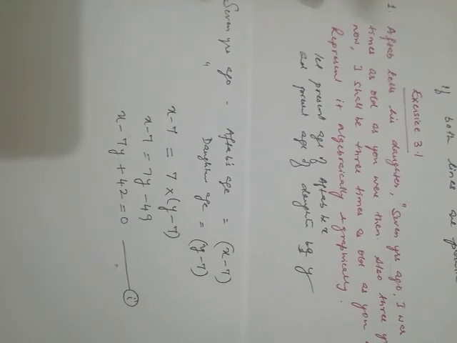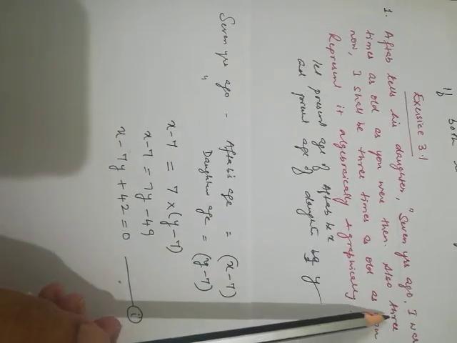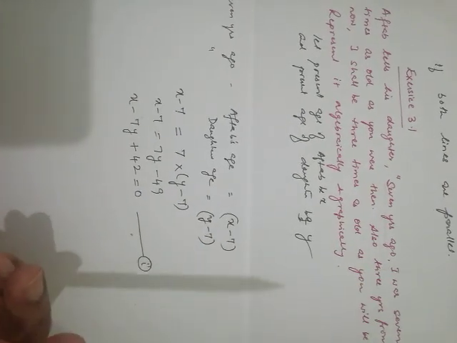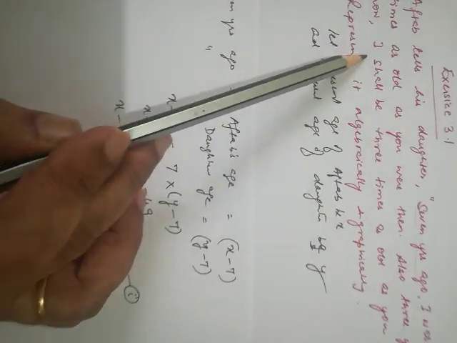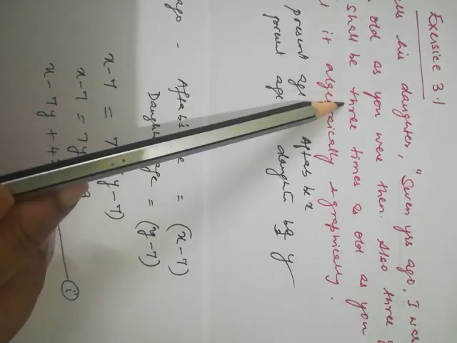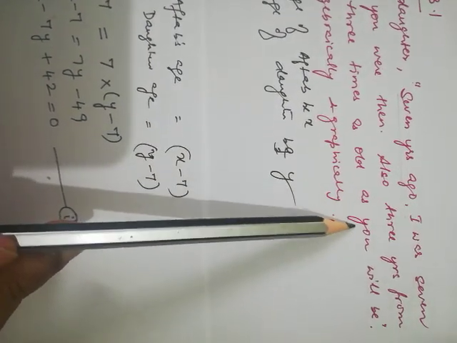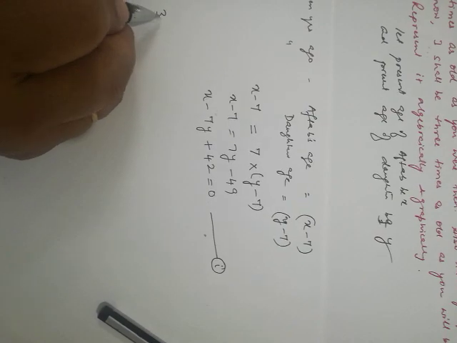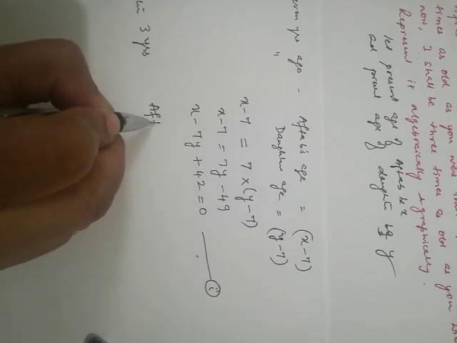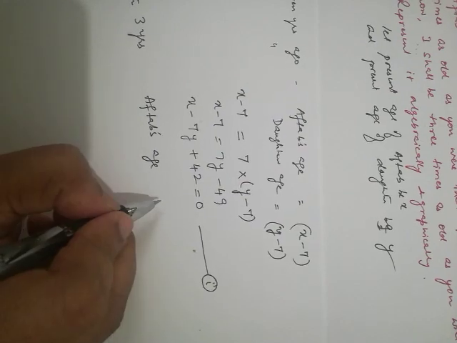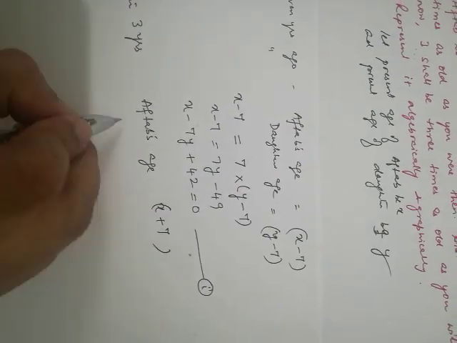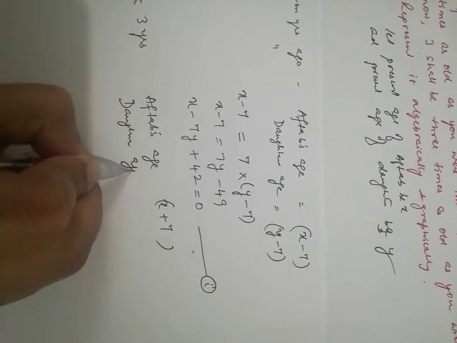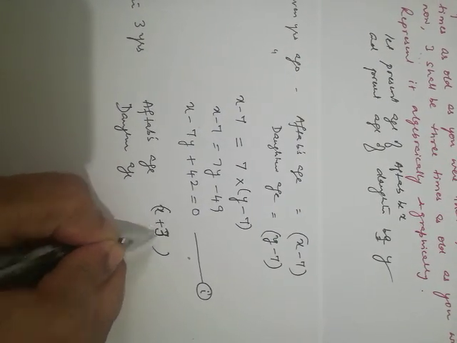Now let us look at the next sentence. Also means next sentence. 3 years from now means after 3 years. Aftab shall be 3 times as old as you will be, as his daughter. So after 3 years, Aftab's present age is x, so after 3 years it will be x plus 3.